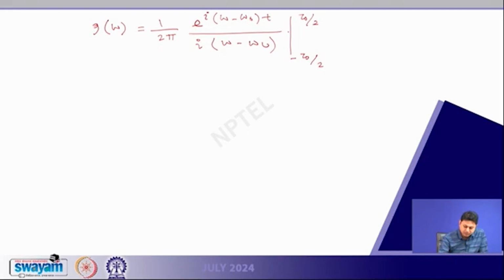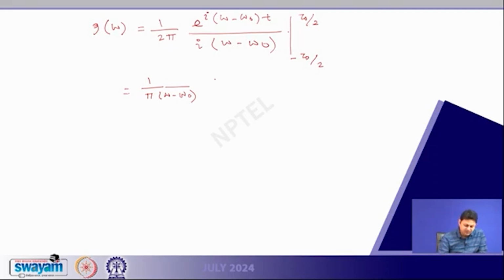This is omega naught. So this value is essentially 1 divided by pi (omega minus omega naught), and then e to the power i (omega minus omega naught) multiplied by tau naught by 2, minus e to the power minus i (omega minus omega naught) tau naught by 2.